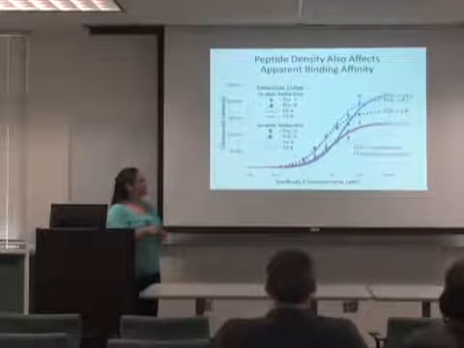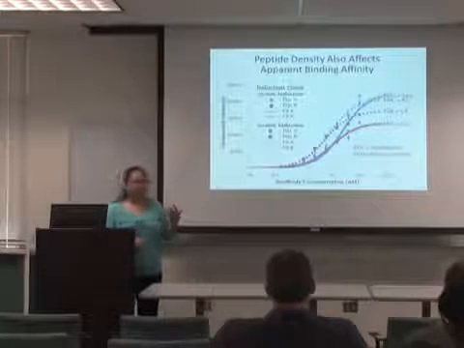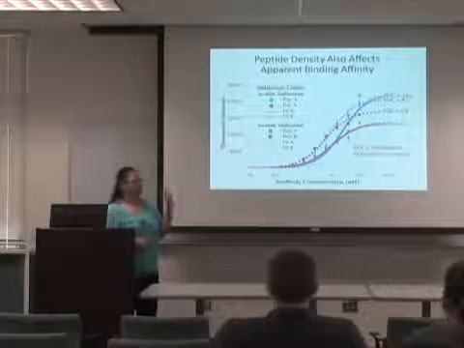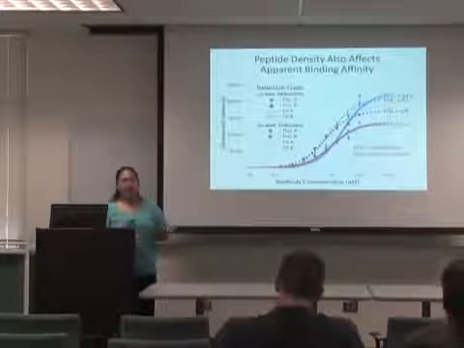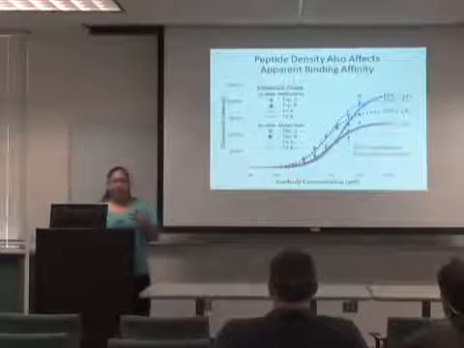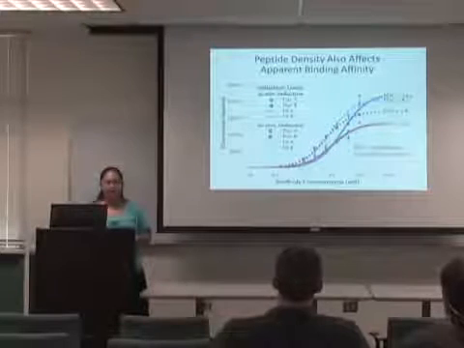Again, you see that there is a positive correlation through this sigmoidal curve, showing that the antibody concentration is positively correlated to the fluorescent intensity. What you might not see is that the peptide density affects the apparent binding affinity between the peptide and the antibody.